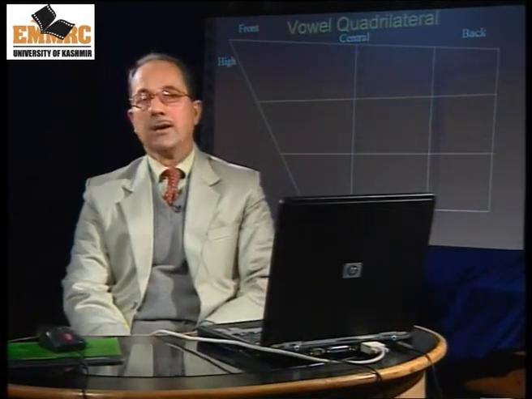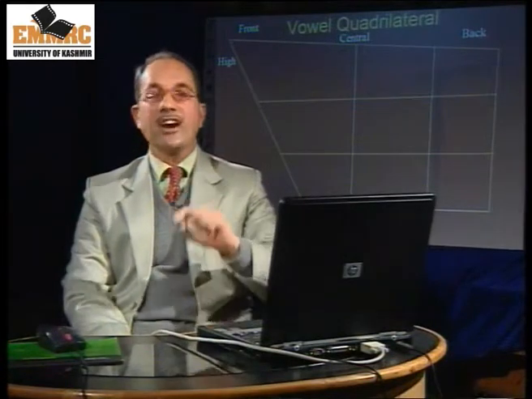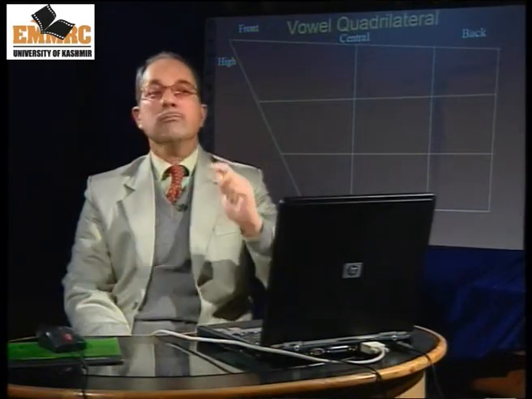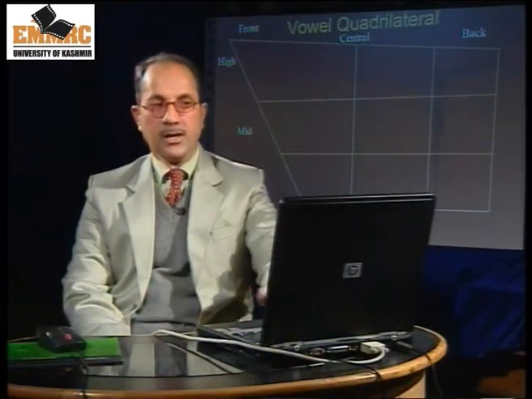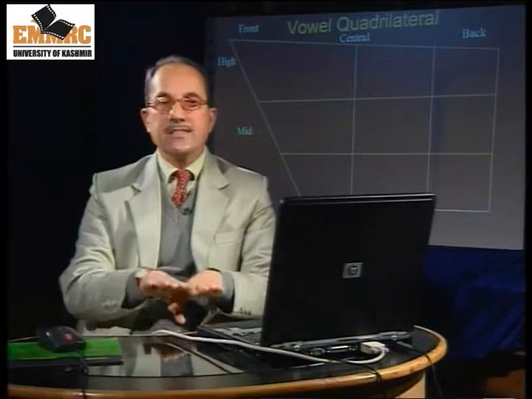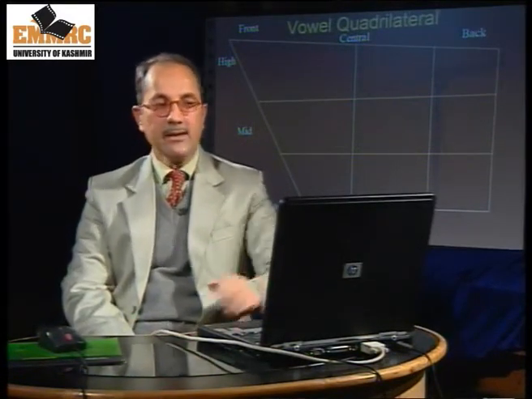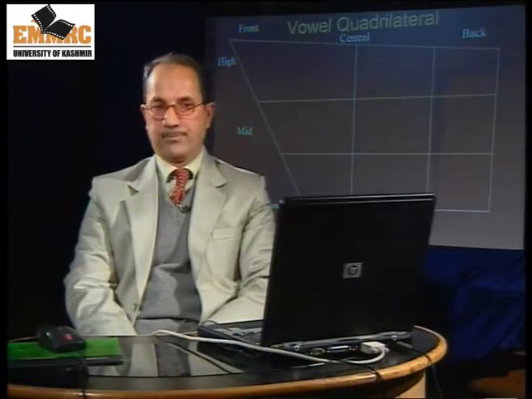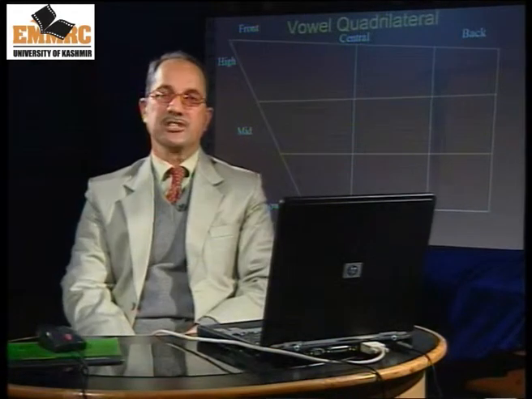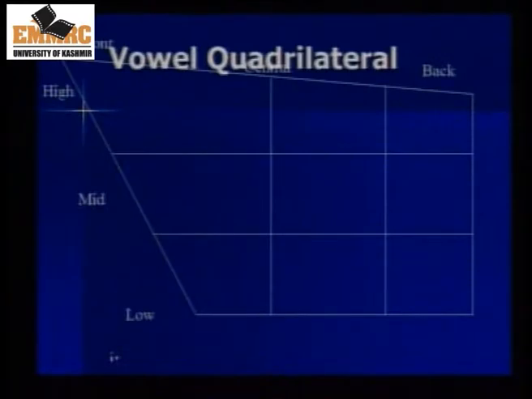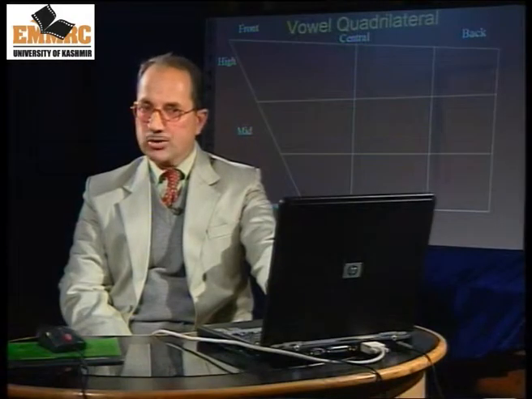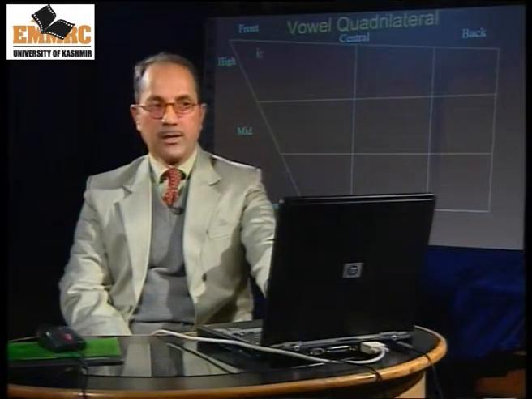As you can see, high means the front of the tongue moves towards the roof of the mouth. Mid is that it is at the central position, neither too high nor too low, and then there is the low position. On the basis of this description, we should be able to identify the vowel sounds of the English language. Let us look at them one by one.